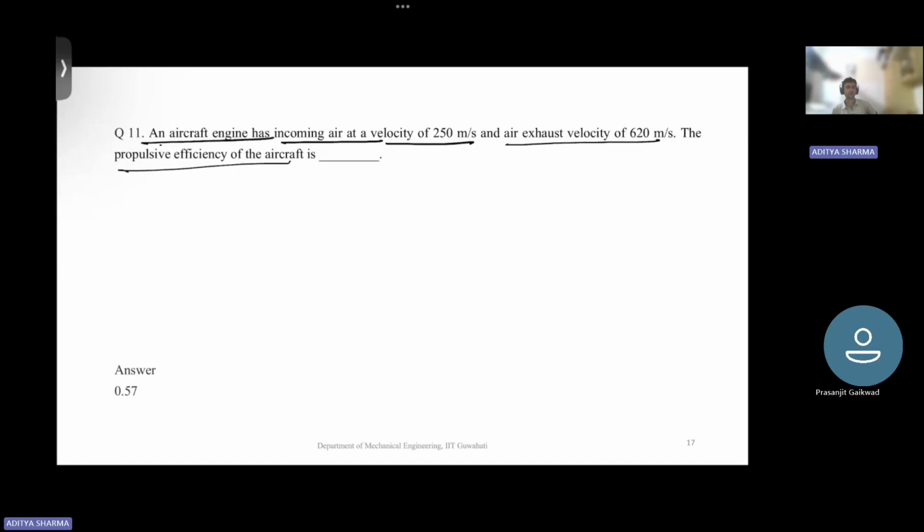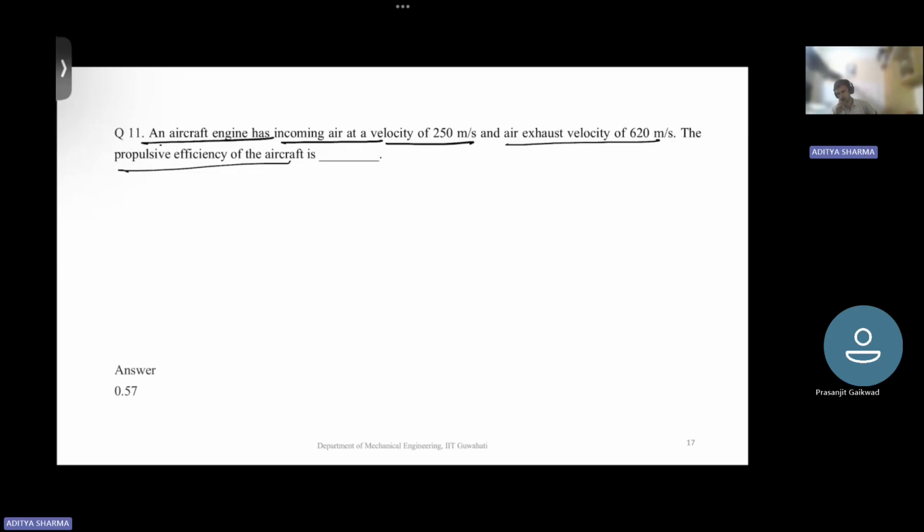Parameters like propulsive efficiency, overall efficiency, energy conversion efficiency. Yes. So what is thrust power? What is thrust? What is specific fuel consumption? All these were discussed in this lecture 5.